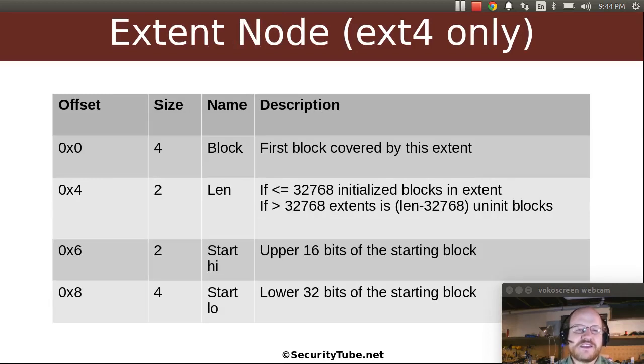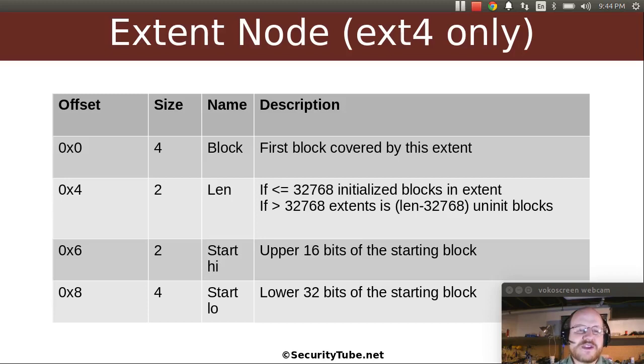And finally, we have the extent node or leaf node. And it is, of course, 12 bytes long. The first 4 bytes store the block that is first covered by this extent. And then we have a length. Now, the length is encoded in an interesting way. If the number is less than 32K, that means there are this many initialized blocks in this extent.